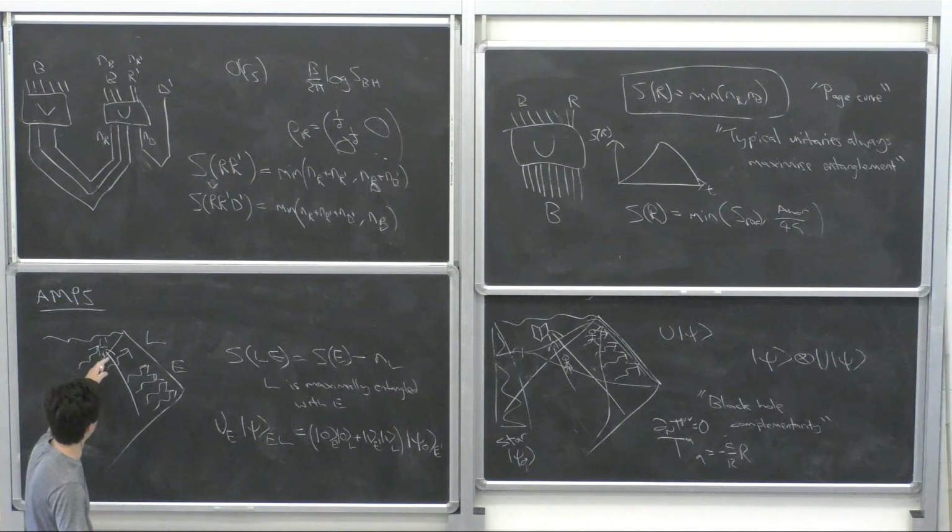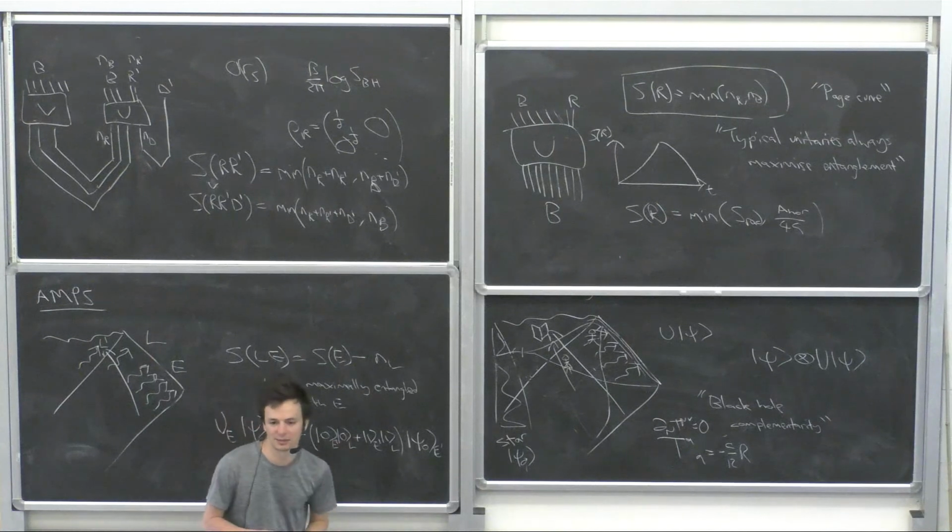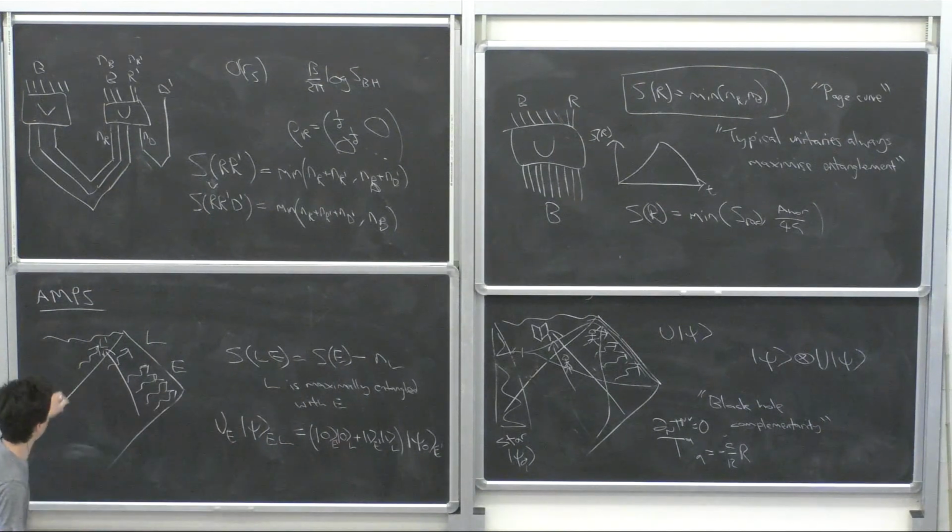Okay, so he's now crossing the black hole horizon with a qubit L and a qubit E that are maximally entangled with one another. Now he hits L prime, and he collects that up too.